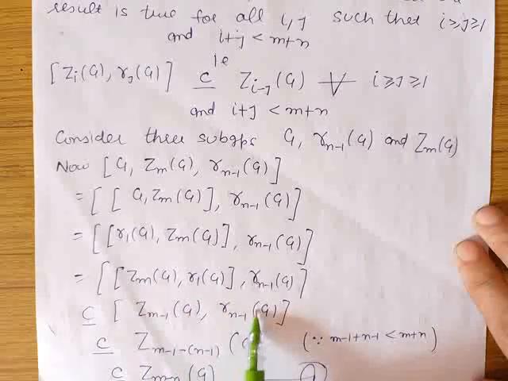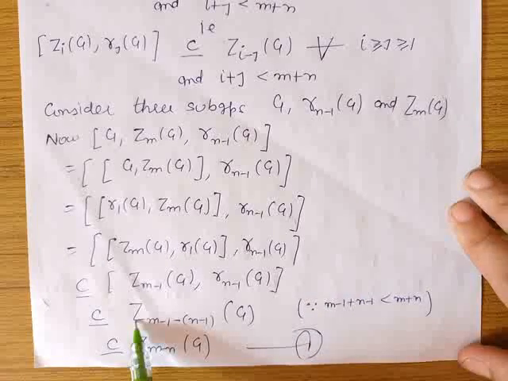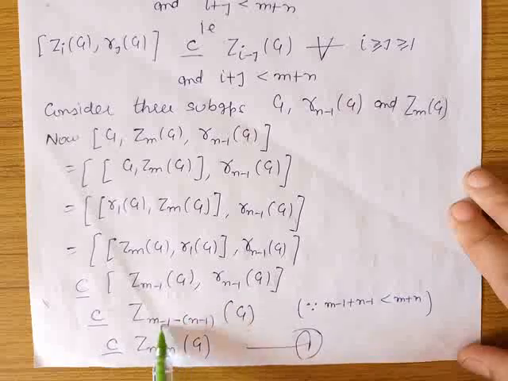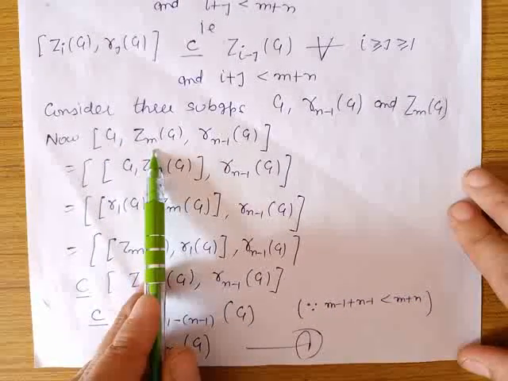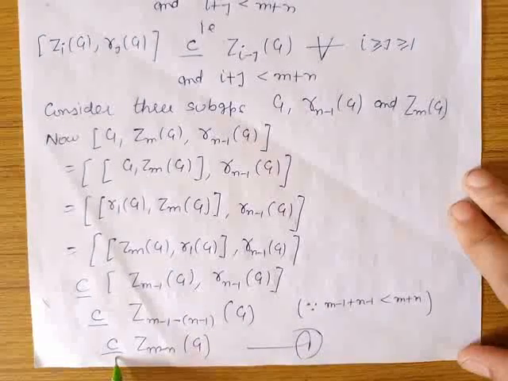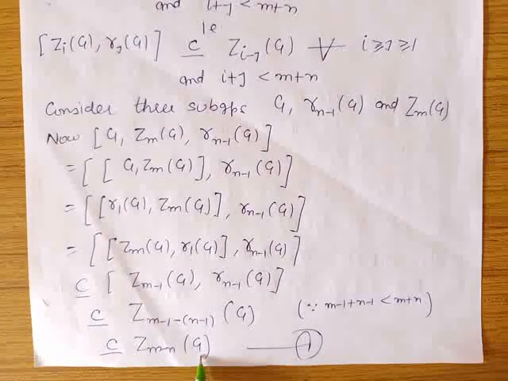So this commutator will be contained in Z of their difference, which is m minus n. So we have proved the commutator of G, ZmG and gamma n minus 1 G is contained in Z m minus n G.